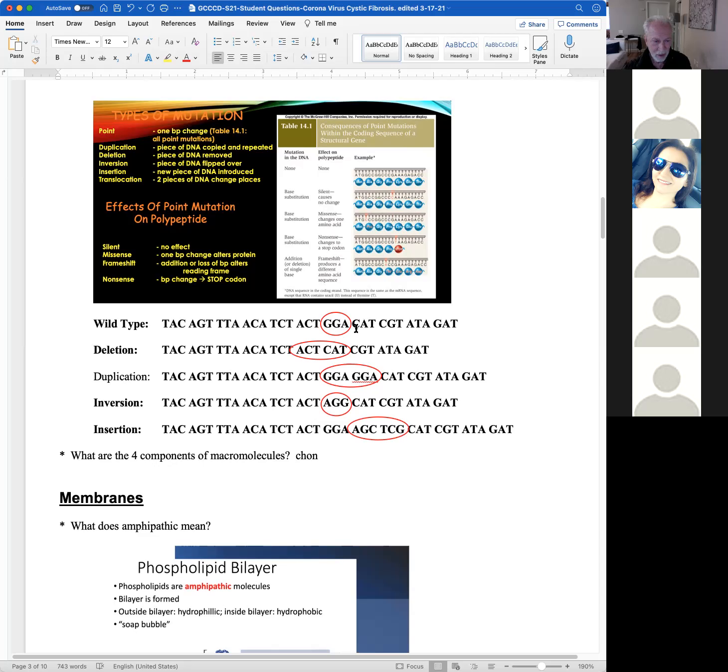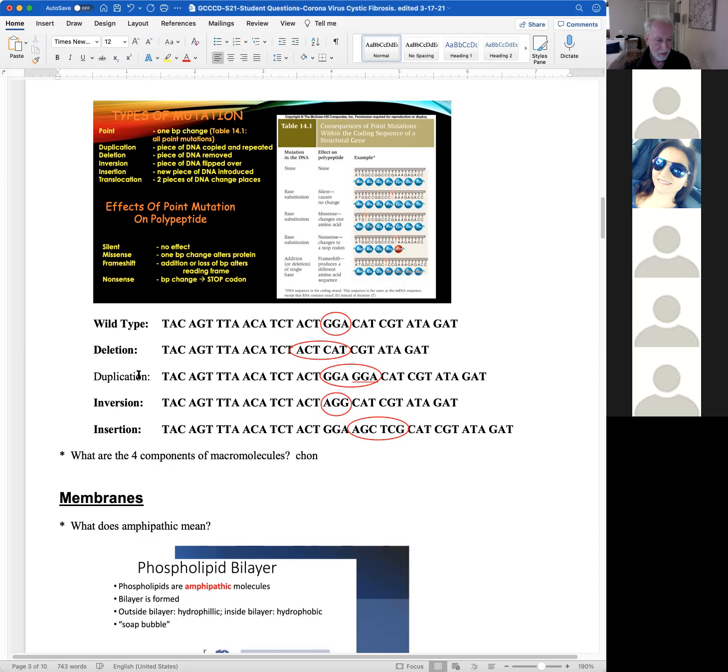But then if you go on, you come back to C and C, A and A, T and T, and it's identical. So the only difference between the mutant and wild type is that this GGA is deleted. And so it's called a deletion mutation.